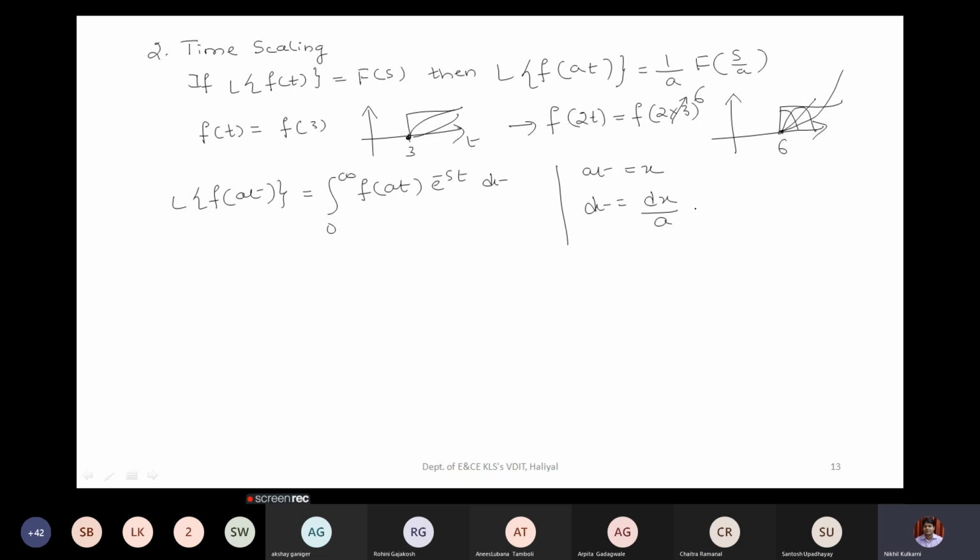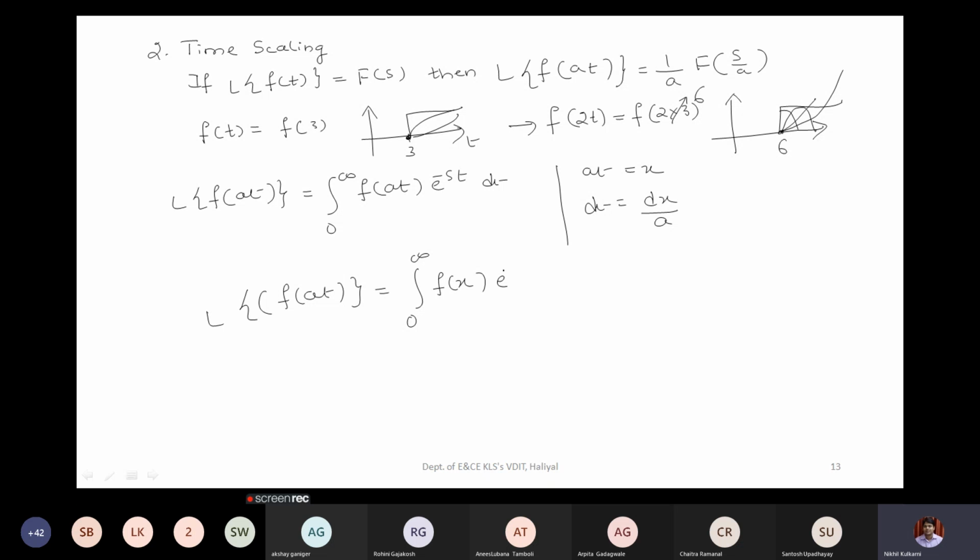If you substitute it here, you can write the Laplace transform of f of at equal to the integral from 0 to infinity of f of x. In the place of at, I can write x. In the morning we solved one property, and there also we used the same kind of substitution.